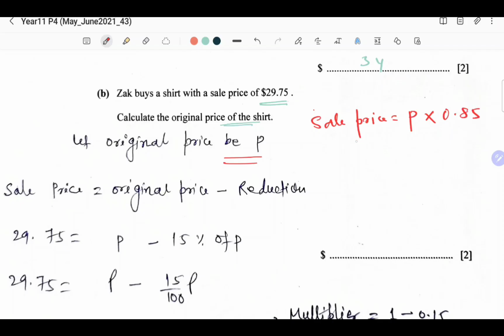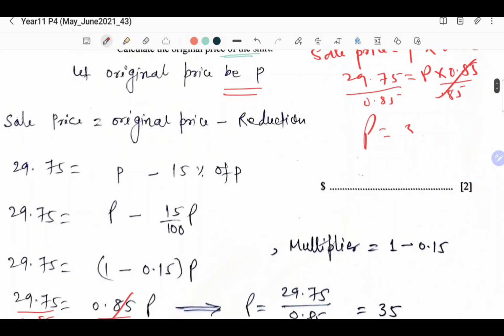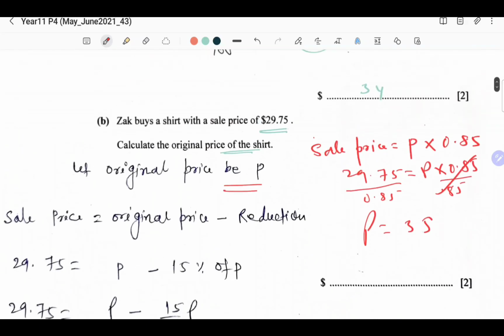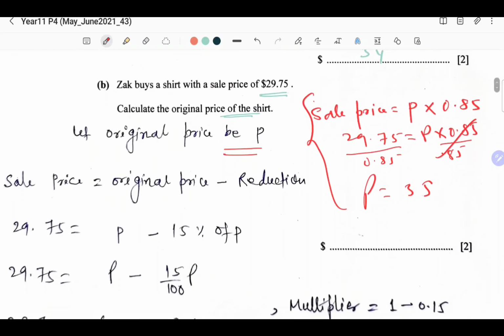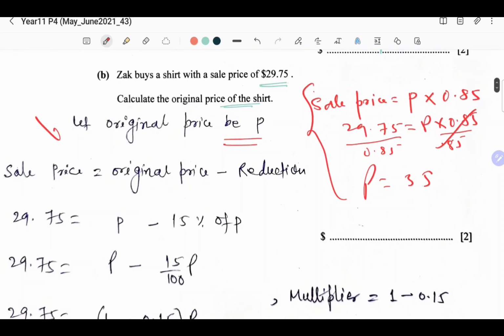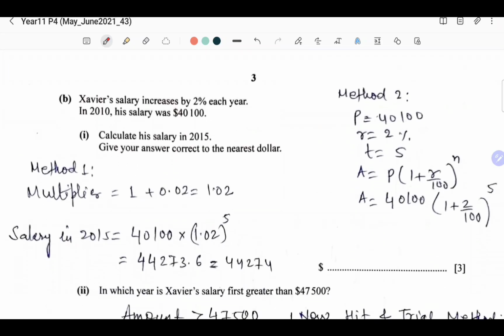Now the sale price is 29.75, which is P times 0.85. Now you can divide by 0.85 on both sides, and directly you get the answer, which is 35. Again you get the answer. This is the quicker method, and I will appreciate it if you use this method in the exam, and the other method is for more clarification.